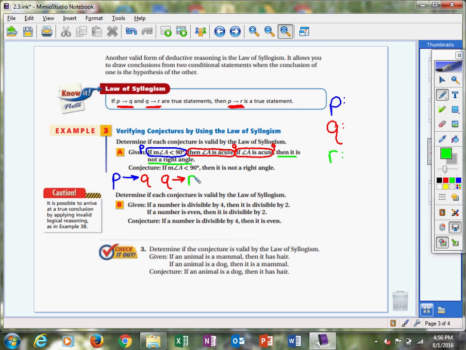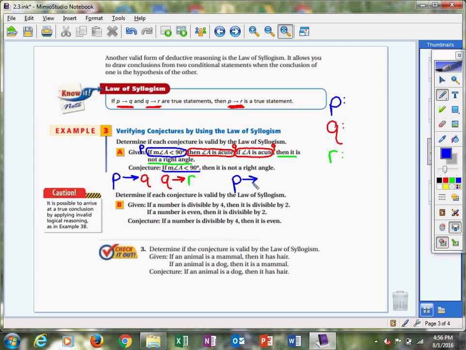So now here's our conjecture that we have to make sure is actually following the law of syllogism. Then P, then R should be a true statement, okay? So we're back to blue. P, remember, was the statement if the measure of angle A is less than 90 degrees.